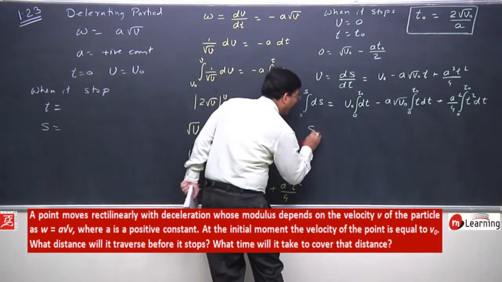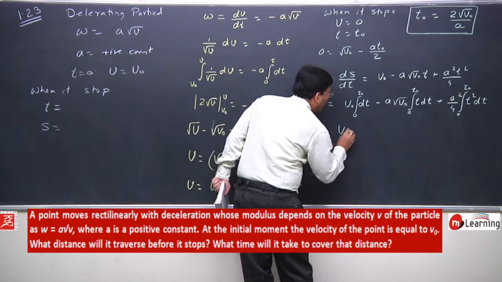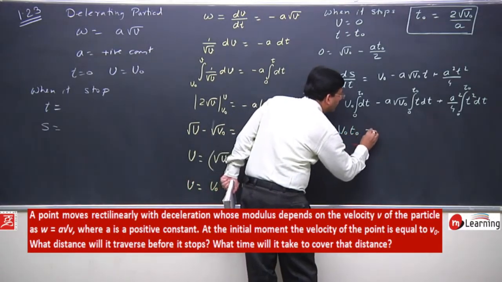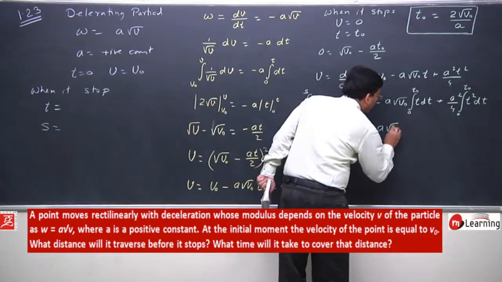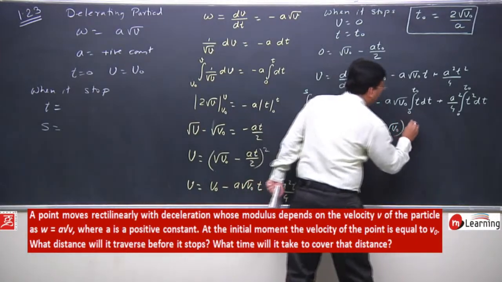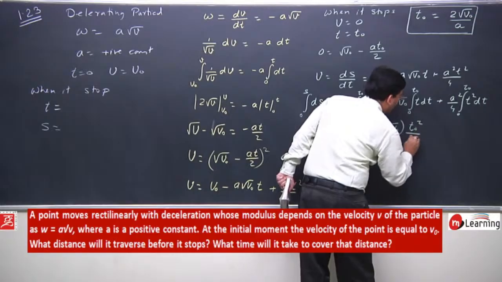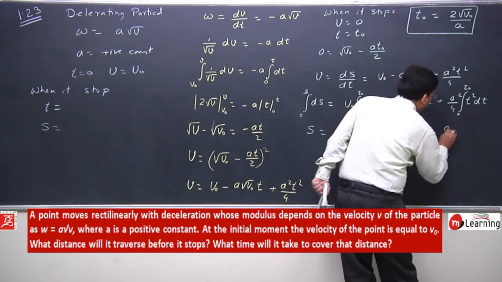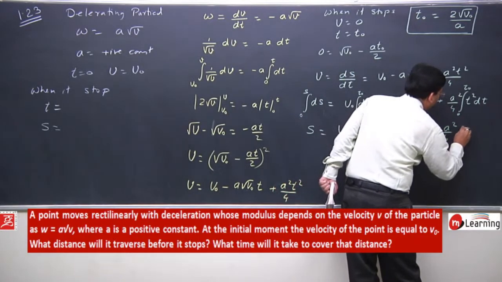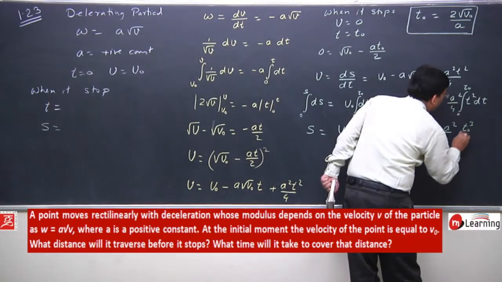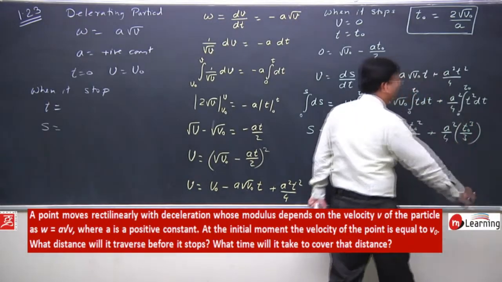So this becomes s is equal to v naught t naught minus a root of v naught into t naught square by 2 plus a square by 4 into t naught cube by 3.